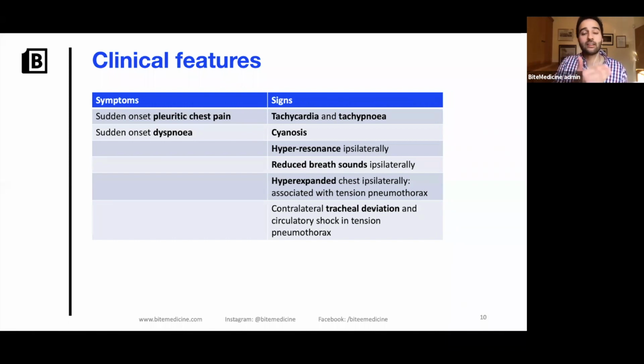And then in the case of tension pneumothorax, you can also get a hyper-expanded chest on the same side of the pneumothorax as well. And then finally, in tension pneumothorax, which is the thing we're really worried about, you get contralateral tracheal deviation, contralateral mediastinal shift, and hemodynamic instability. So that can cause rapid patient demise, essentially.